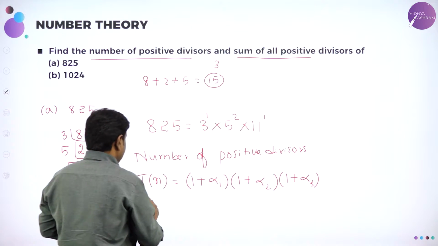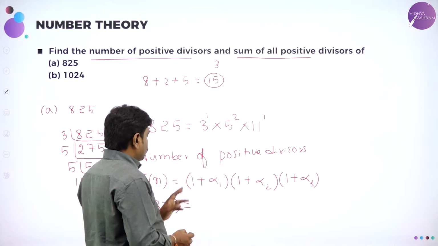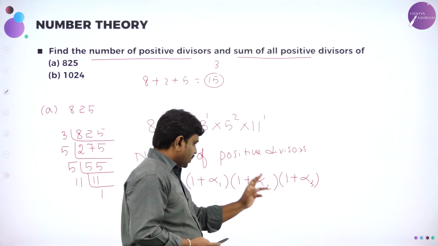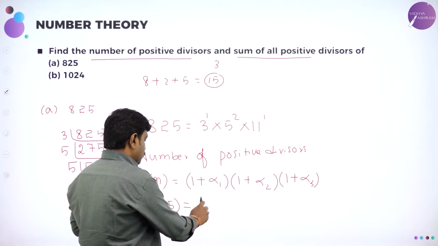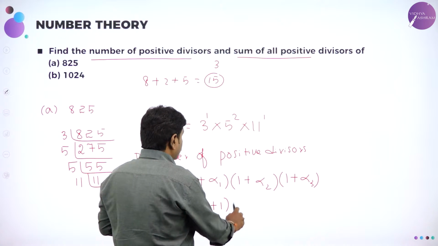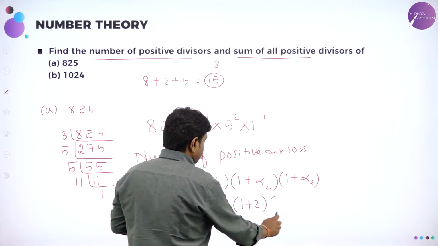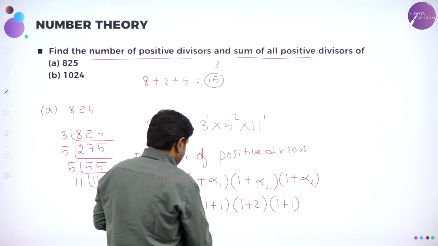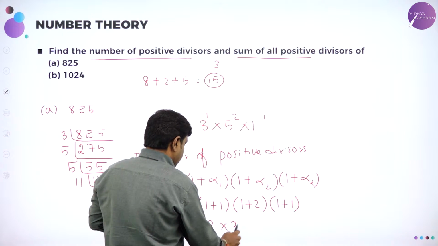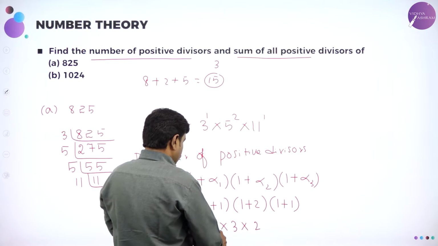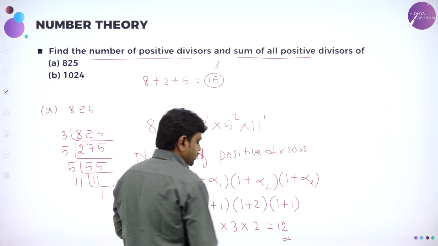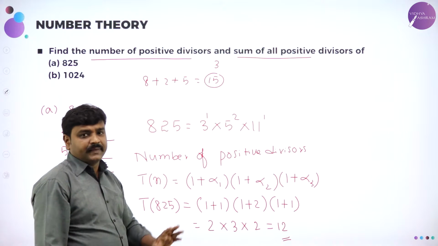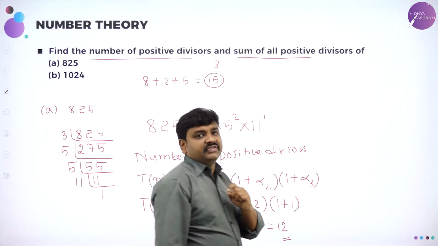That is T of 825 is 1 plus alpha 1 into 1 plus alpha 2 into 1 plus alpha 3 because we have only 3 prime factors. So that is 1 plus 1 into 1 plus 2 into 1 plus 1. That will be 2 into 3 into 2. That is 2 3s are 6, 2s are 12. There will be 12 different divisors. Number of divisors is how much? 12.